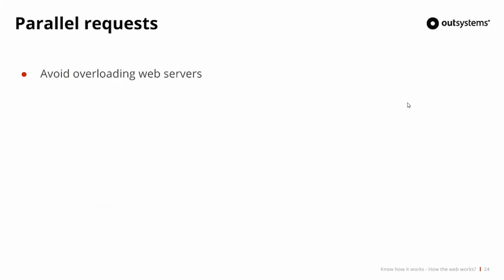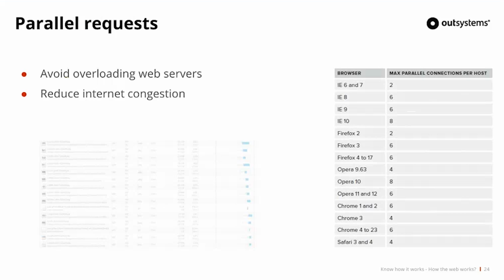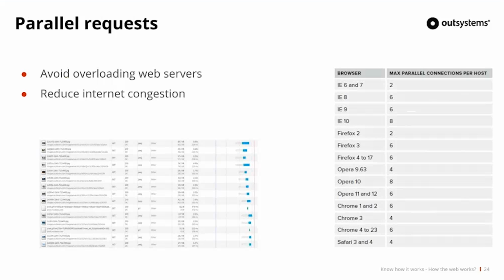The parallel request is also a protection made by the server. So imagine in browsers, like in Chrome, you have 6 parallel connections per host, and this is to reduce internet congestion. So we can protect the web server. Here you can ask again, why don't we have 20 parallel connections?